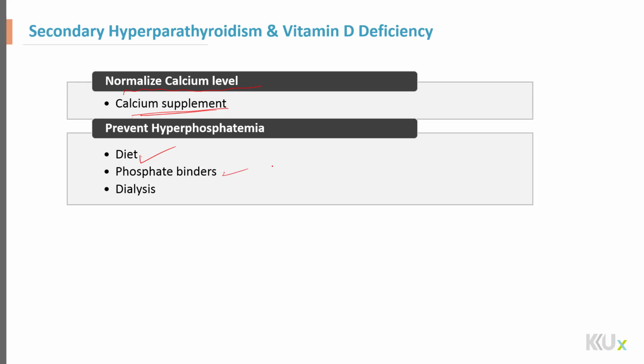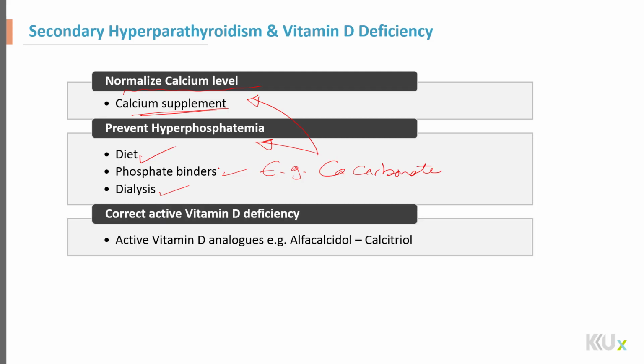What are examples of phosphate binders? Calcium containing. We can use calcium carbonate, for example, to treat hyperphosphatemia and to supplement with calcium. And if the patient is in the late stages, we can use dialysis.